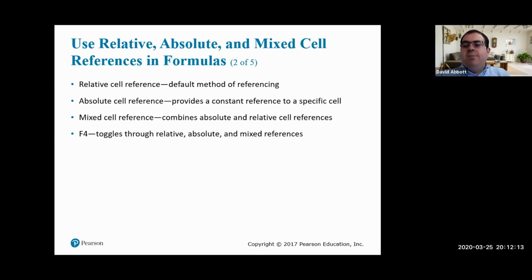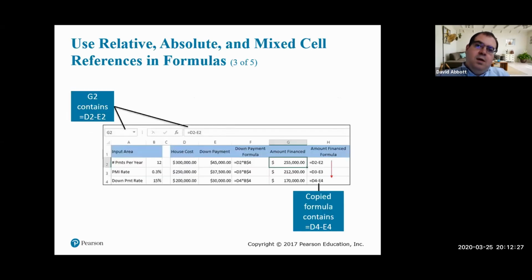Okay. The F4 key on your keyboard is one way that you can toggle between relative, absolute, and mixed references. You can also, of course, edit them manually to insert the $ sign, which is a special symbol that Excel uses to tell that you want to stay within either the column or the row. Okay.